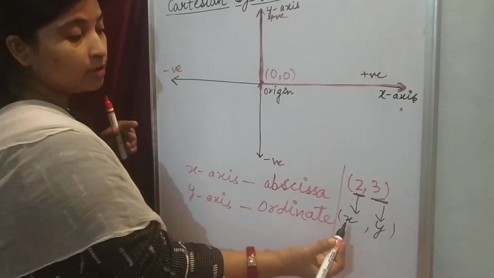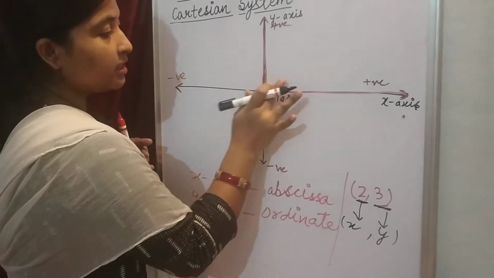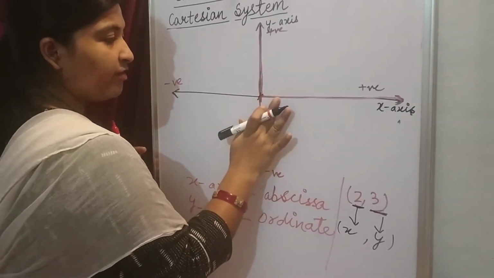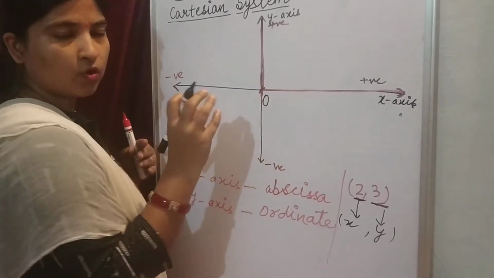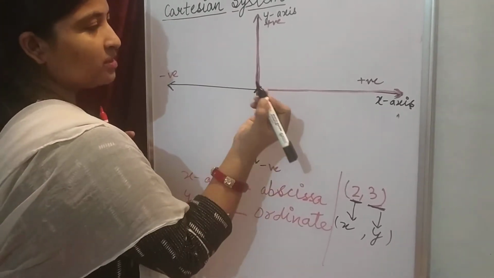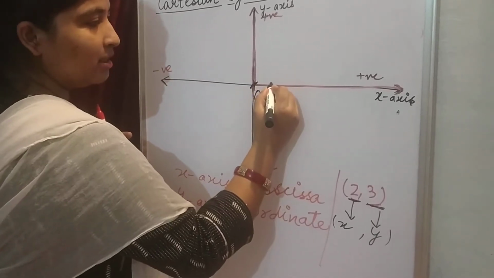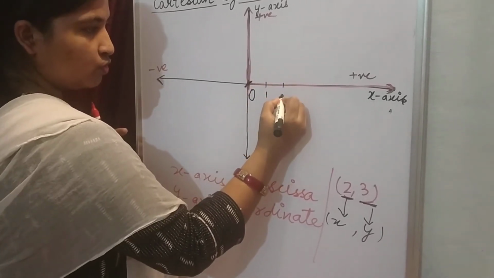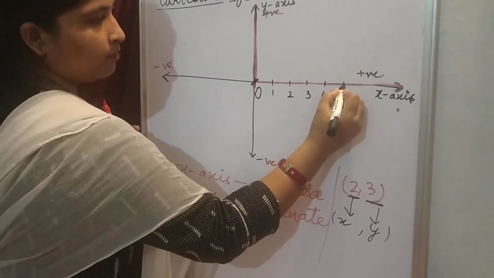Now the first number is on the x-axis. Whenever you have to represent the origin, you will write O. O means origin and origin will have the coordinate 0, 0. So I am starting from here. From this 0, I will move on the plus side, that is 1, 2, 3, 4, 5.